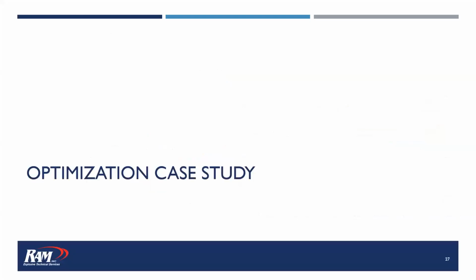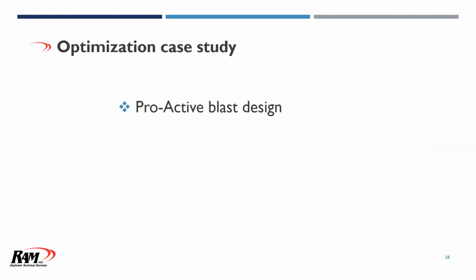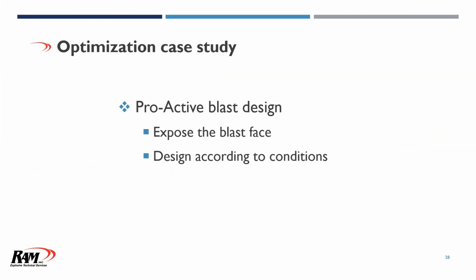So with that, I'll walk through a few slides on an optimization case study. This entailed a proactive, what we call proactive blast design. This is where we expose the blast face, design according to conditions, and then optimize based on verified results. And I can't emphasize that enough.